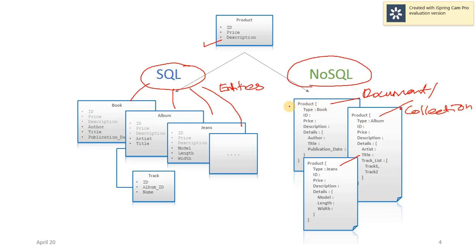If you take a look at this, one document represents one product, and it is different from this one. One box here is talking about books, this one is album, and this one is jeans.